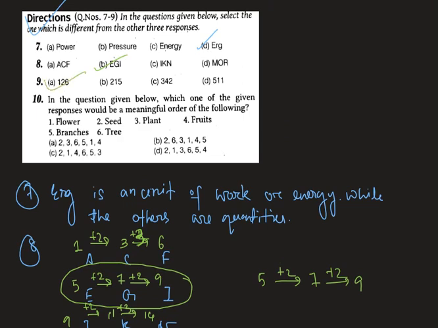Now let's see the next question, that is question number 10. In the question given below, which one of the given responses would be a meaningful order of the following? So here we are given six words and we need to find the correct order of those words. Here we are given flower, seed, plant, fruit, branches and tree.